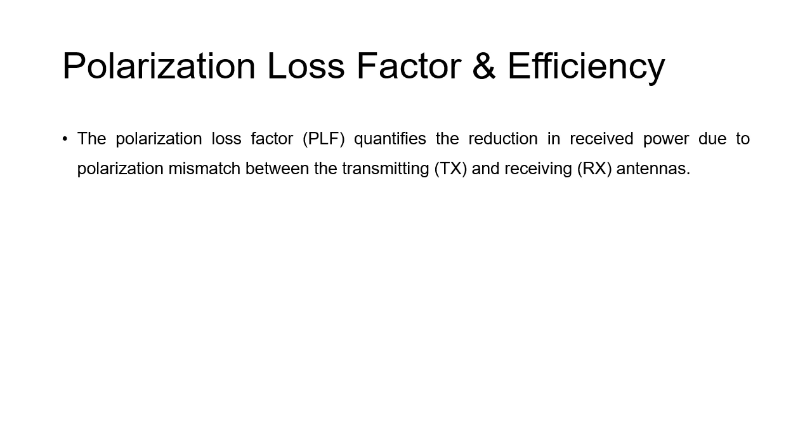Now we are with the third type of mismatch, which is polarization, and we define for it what's called the polarization loss factor and efficiency, which quantifies the reduction in the received power due to what? Polarization mismatch between what? Between our transmitting antenna and receiving antenna.